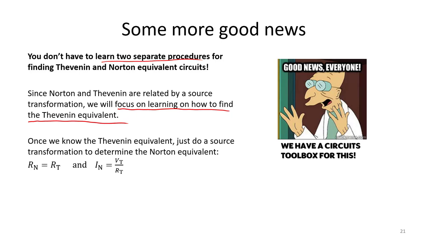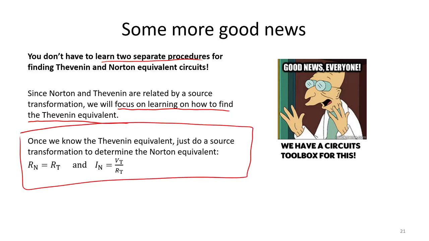Because once you find the Thevenin equivalent, all you need to do is use a source transformation to determine the Norton equivalent circuit. And often we find that it's a little bit more straightforward to determine the Thevenin equivalent for the types of problems we encounter.